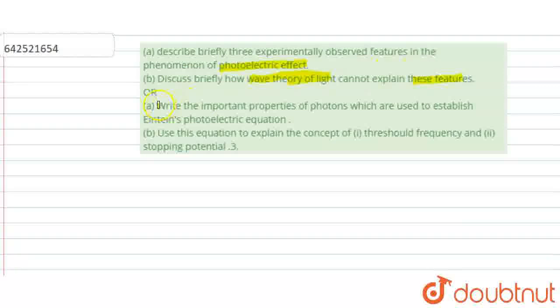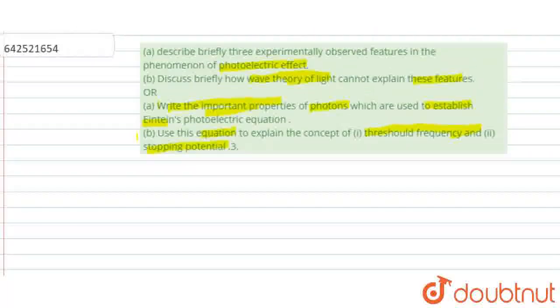Or write the important properties of photons which are used to establish Einstein photoelectric equation. B part, use this equation to explain the concept of threshold frequency and stopping potential. First, I can explain part A to you, and then part B.